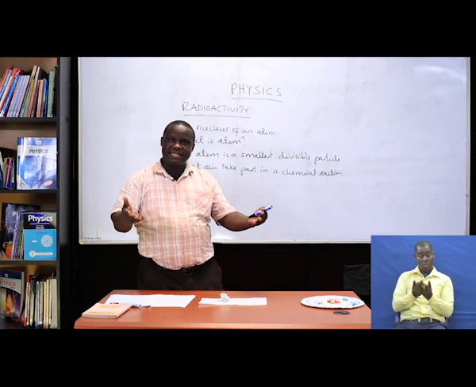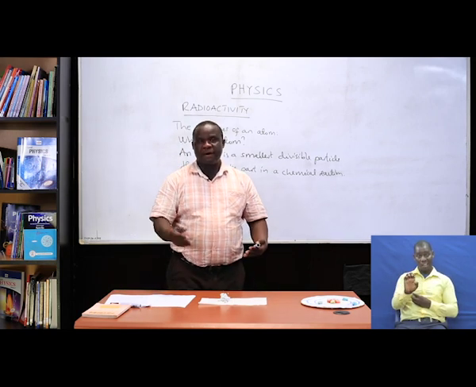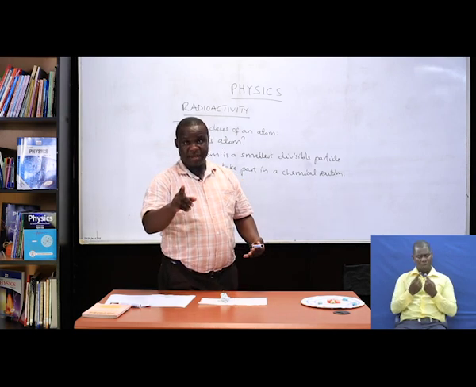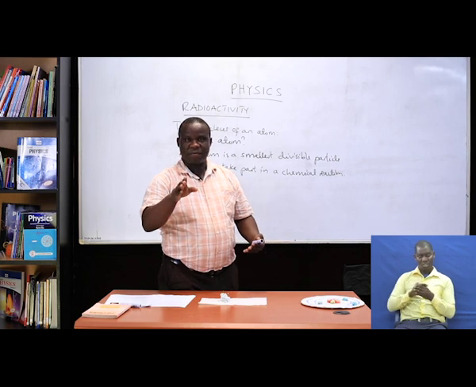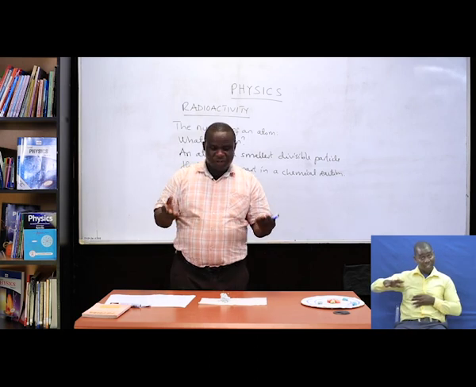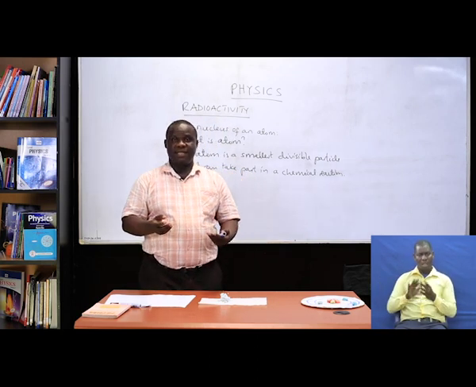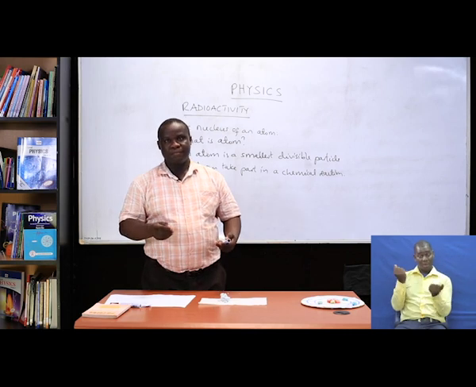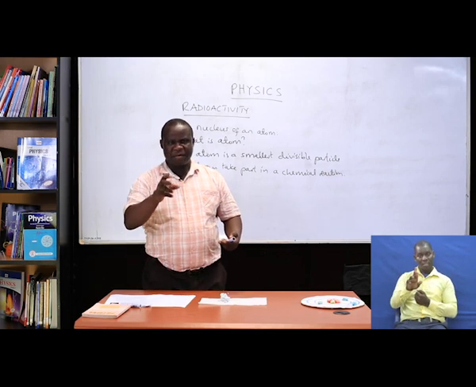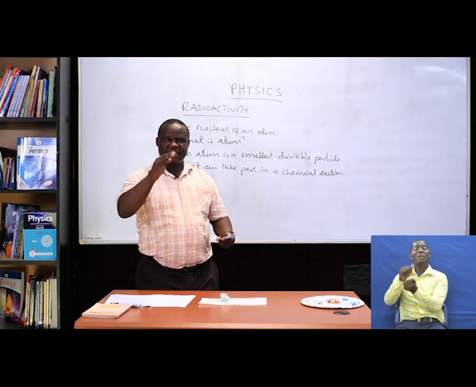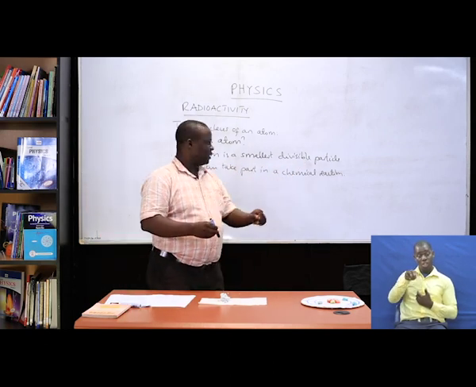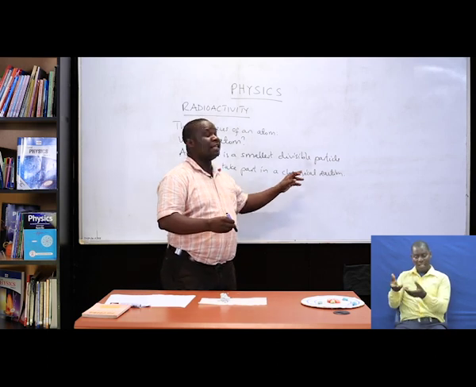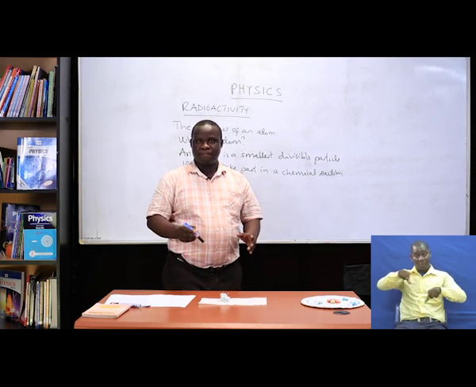But all the states, whether a solid, a liquid or a gas, are made up of atoms. So it depends on the kind of material you are talking about. That's why we say that an atom is the smallest divisible particle that can take part in a chemical reaction.